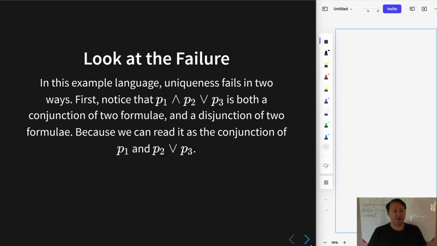So in this particular setting, you could have constructed this particular sentence through two different sequences of constructions, right? The reconstruction is not unique because you could have just constructed P1, which we already know is a formula. And then you could have constructed P2 disjunction P3. So you first construct P2, then P3, then P2 disjunction P3.